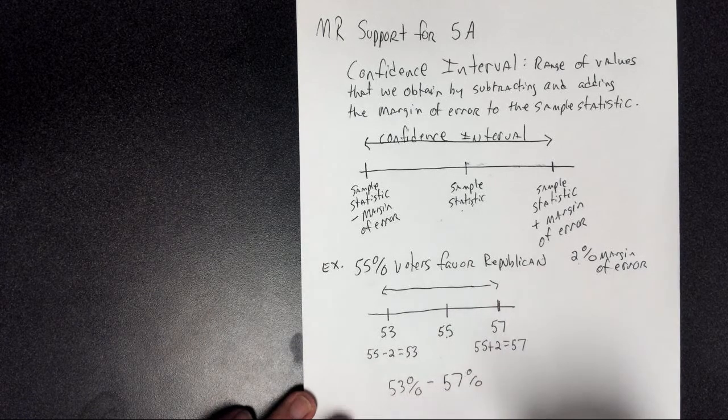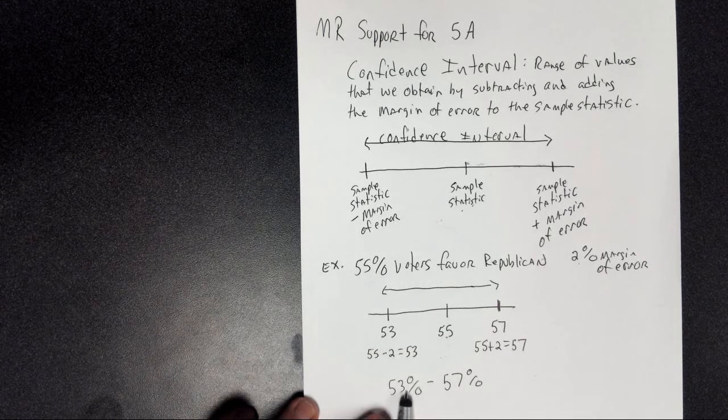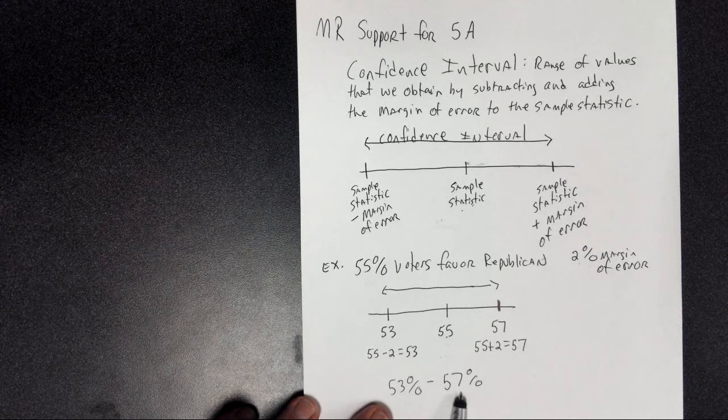So they're asking, should the Republican expect to win? Why or why not? I would say yes, because our confidence interval shows me that at least 53% are going to vote for the Republican, up to a max of 57% of the voters.